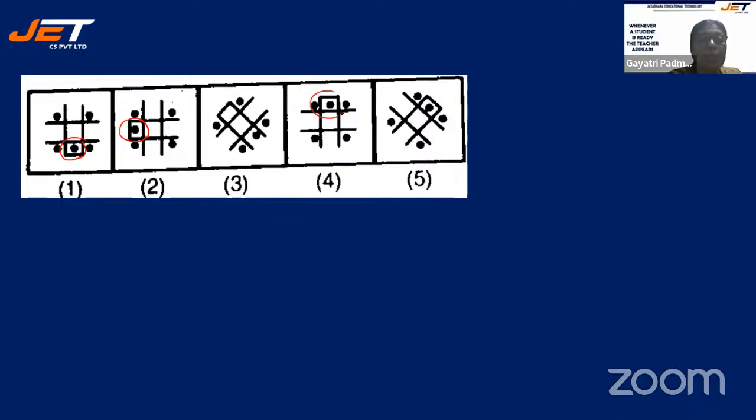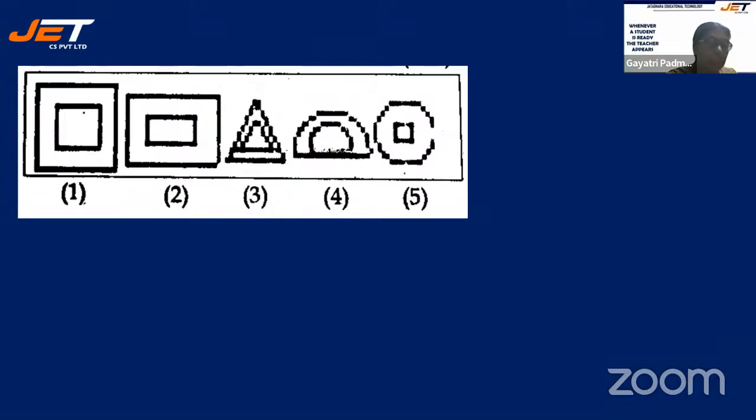In the closed figure, you have a highlighted dot. Likewise, even in the fifth one, you have a highlighted dot. But here alone, you don't have. So this should be the odd figure out of the others. All right? Yes. Right. So that is why you have opted for option 3. If you have opted for option 3, then your answer is right. Yes, see the next question.